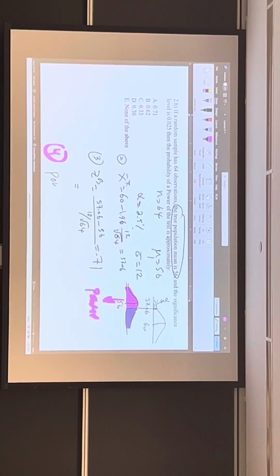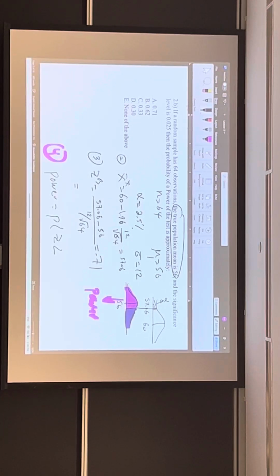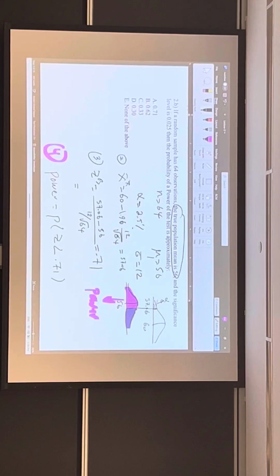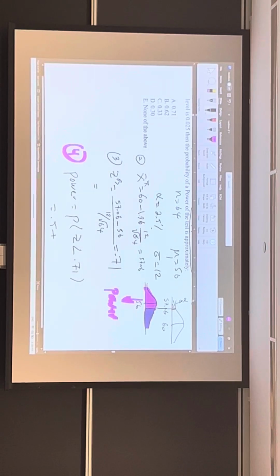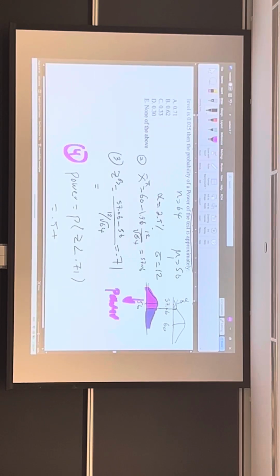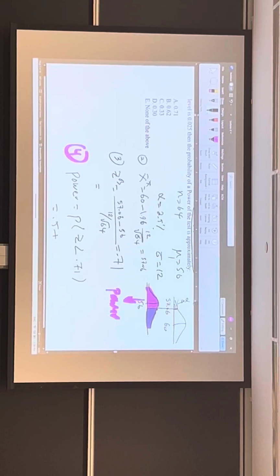The power is the probability that Z is less than 0.71. Since Z is positive and you try to find the probability of less, the rule of thumb is check the table, find 0.71, and add 0.5 to it. So check the table.